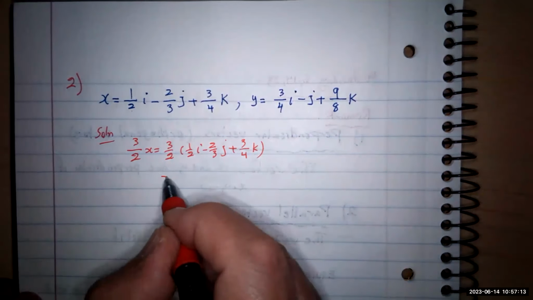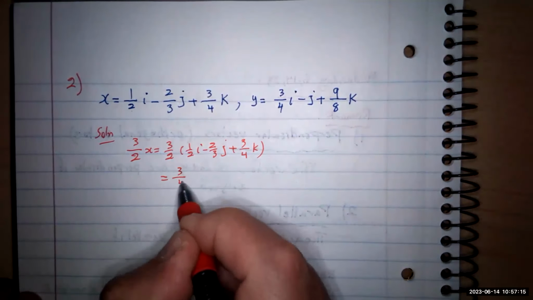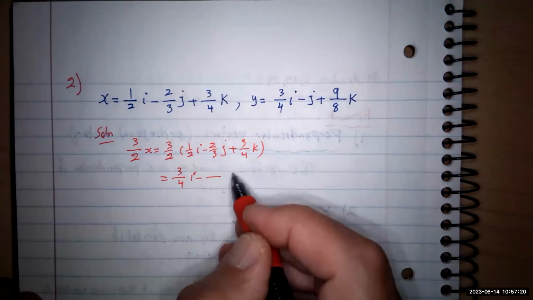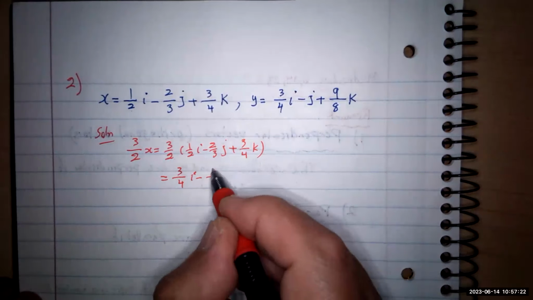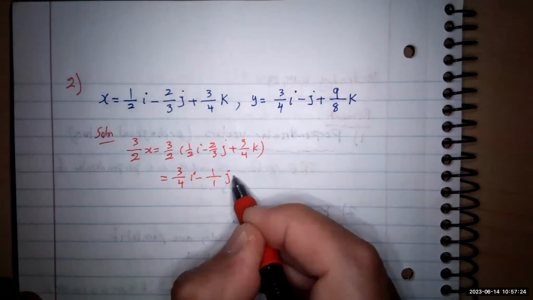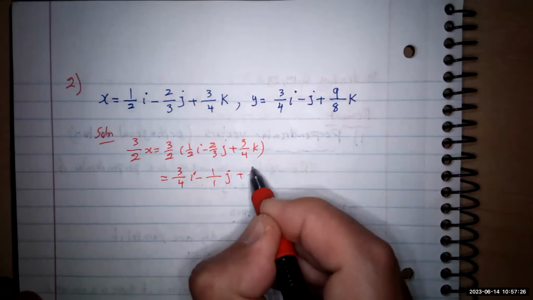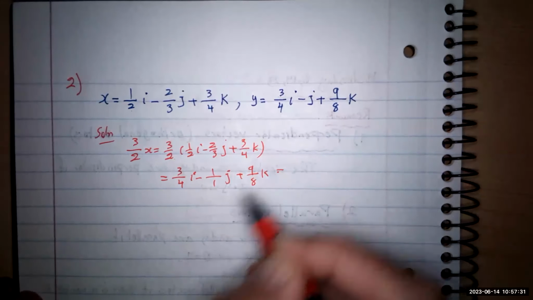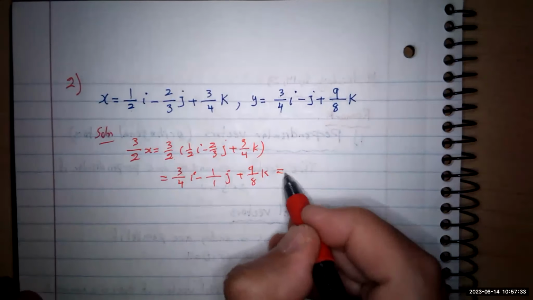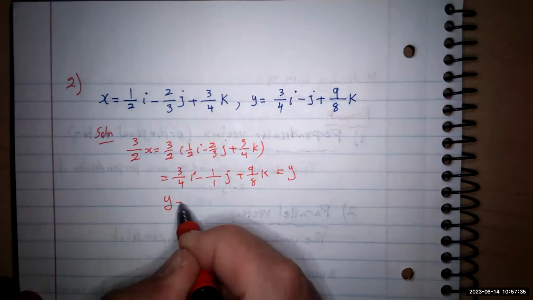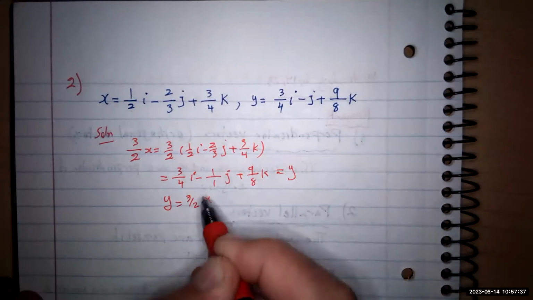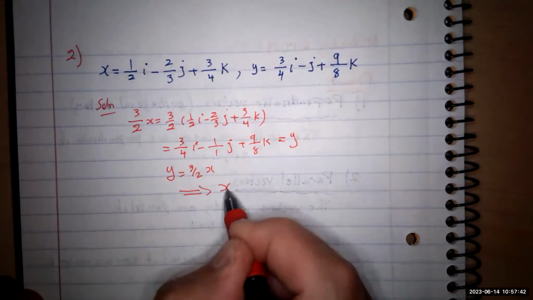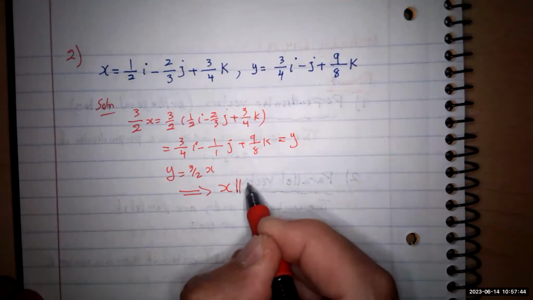So that gives 3/4 of i minus, these 2 and 2 would cancel out, everything would cancel out. That gives you 1 j and 9/8 of k, which is equal to y. So basically y equal to 3/2 of x. So they are parallel. Okay. So x is parallel to y.